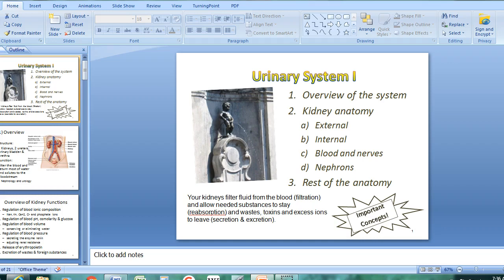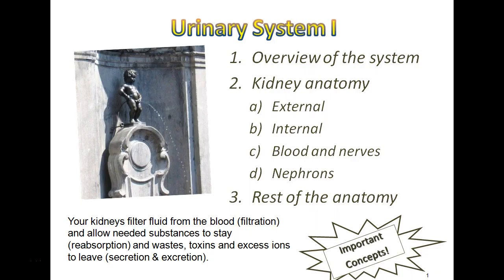So the main functional unit of the urinary system is the kidneys. And so in this series of slides, we're going to look at the external and internal anatomy of the kidneys. We're going to look at the blood flow through kidneys and nerves. And we are going to see how nephrons are the functional unit of the kidney.